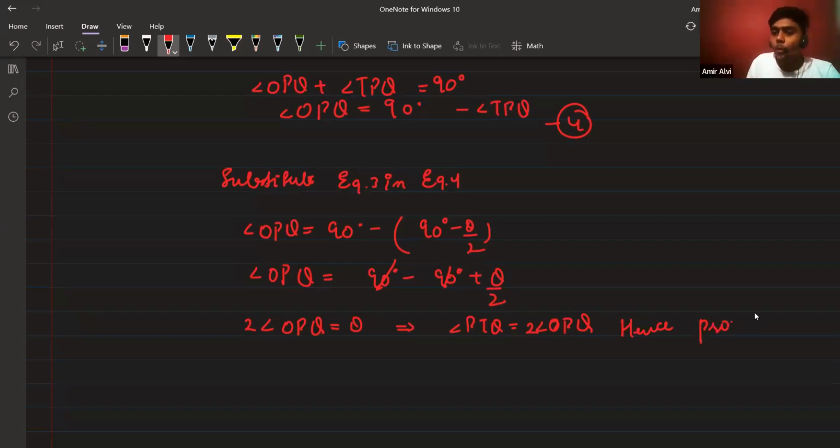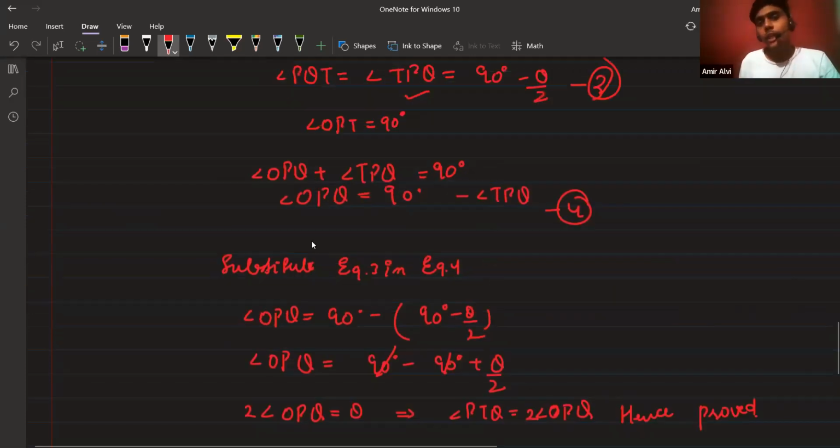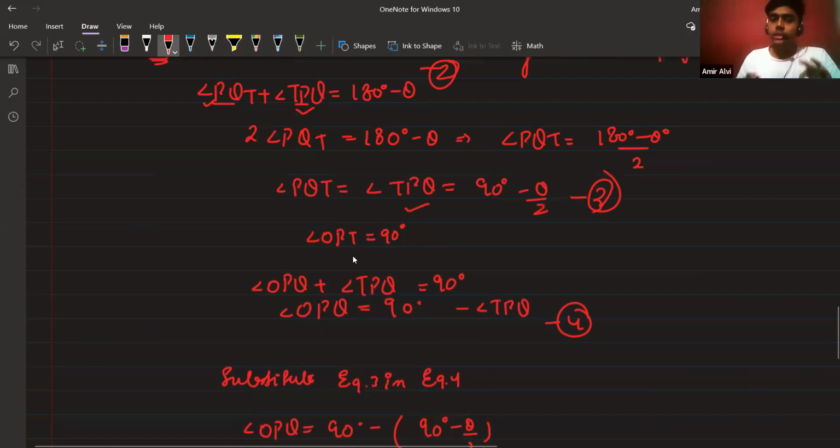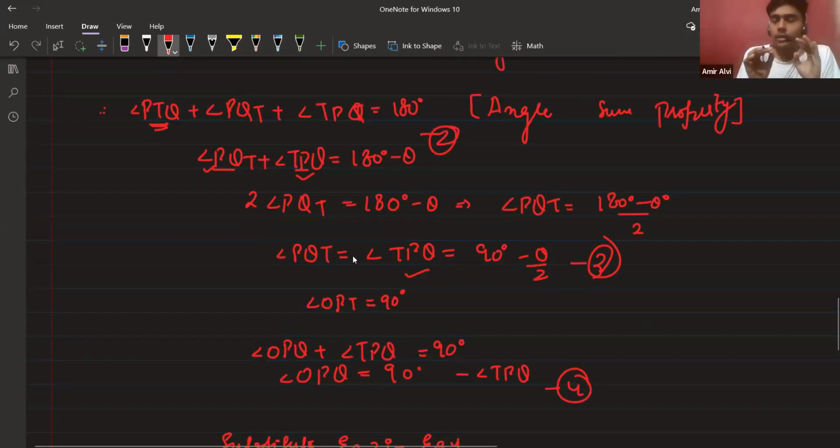Now everybody tell me how many of you get this point, because I write the equation number-wise. It is a little complex if you don't write the equation numbers; you will not understand which equation we have substituted. How many of you get this?